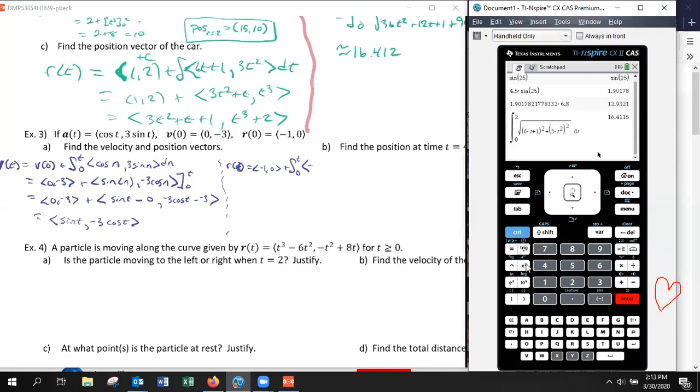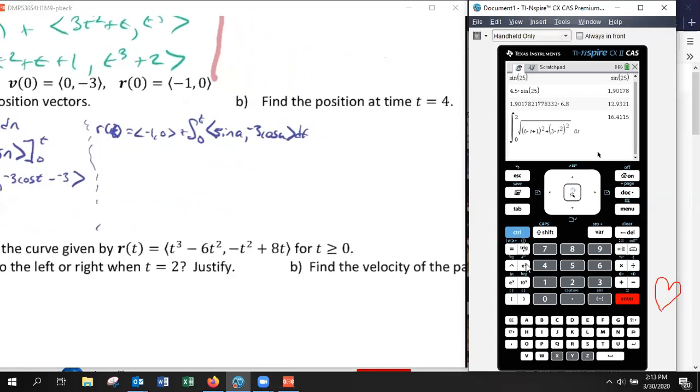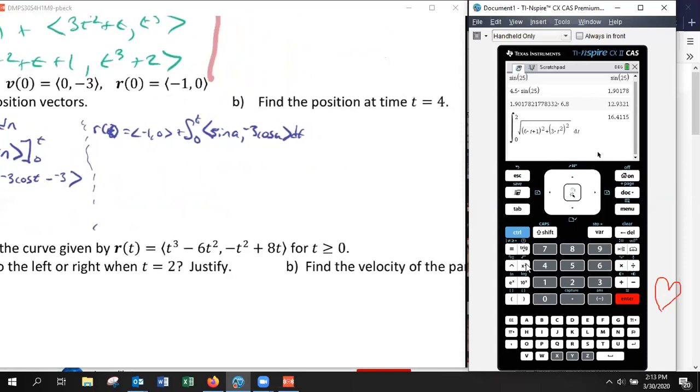Sine of a, -3 cosine of a, da. So it's going to equal -1, 0 plus, and then this is where I get the negative cosine t. Isn't it da, not dt? Thank you. Appreciate the correction on that one. Going from 0 to t.